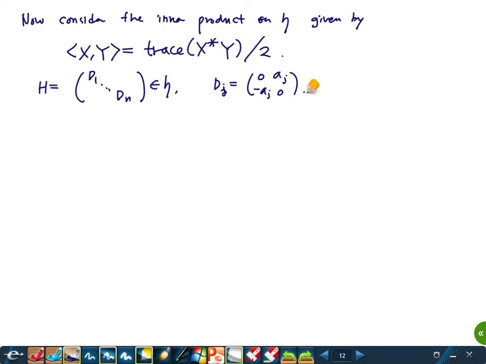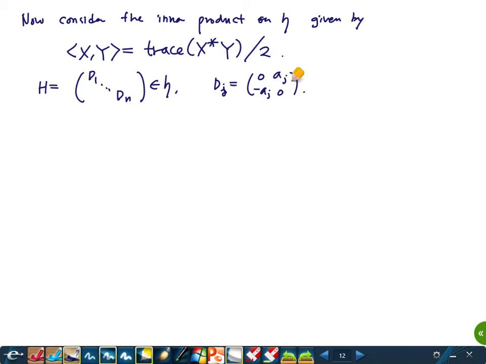If you remember, for the type A_n case, we have the Cartan subalgebra. Every element was like a diagonal matrix. So we were able to identify that as an element in C^(n+1). Here, we can still do that. It's not a diagonal matrix, but there are n entries. So we can just use these entries to make it an element in C^n.